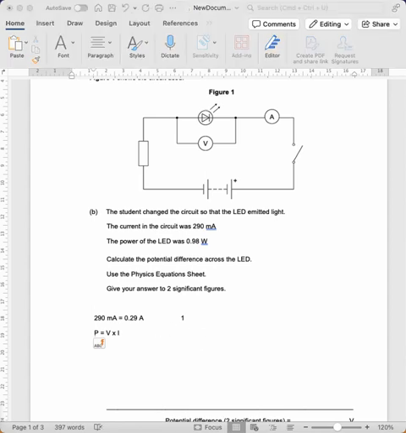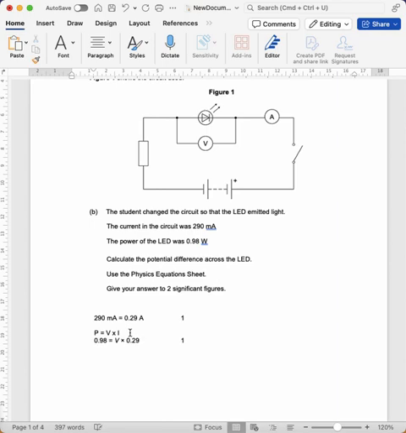So all we'll do now, we'll literally substitute our numbers into that equation. So we've been given power, which is 0.9 watts. We're trying to find potential difference or voltage, and we've now inserted our current, which is 0.29 amps. Okay, another mark for that. So 2 marks so far.